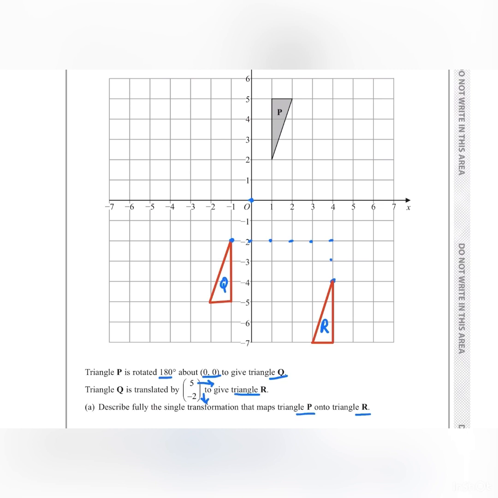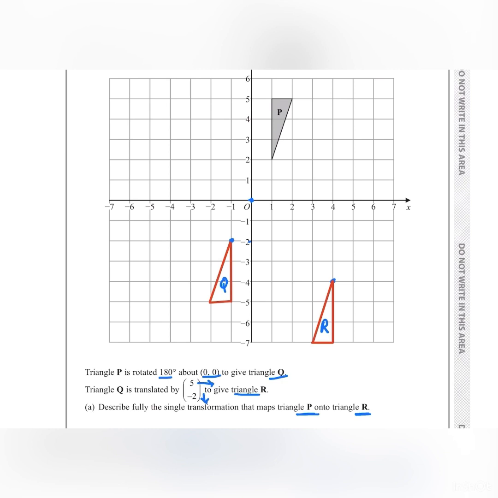Okay, and it says describe fully a single transformation that maps P onto R. Now, if you look at these two shapes, P and R, R is a rotation of P by 180 degrees, and we have to find a point somewhere where they have been rotated from, the center of rotation.